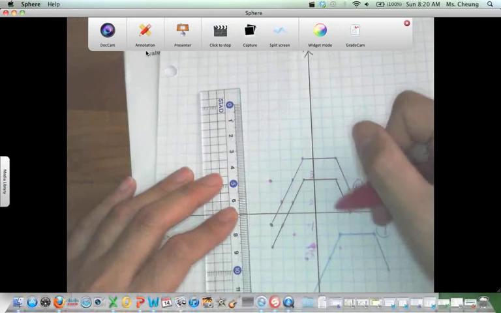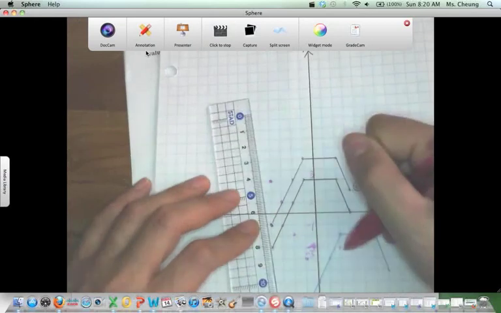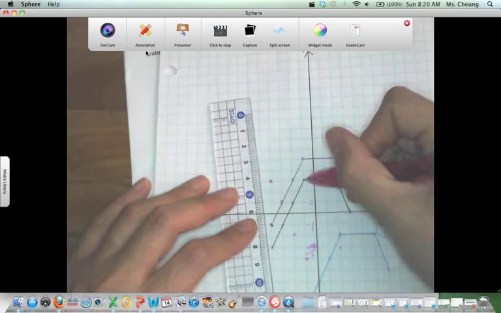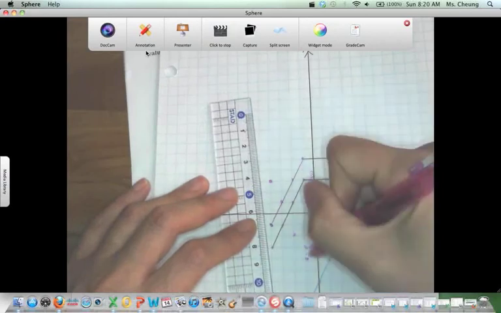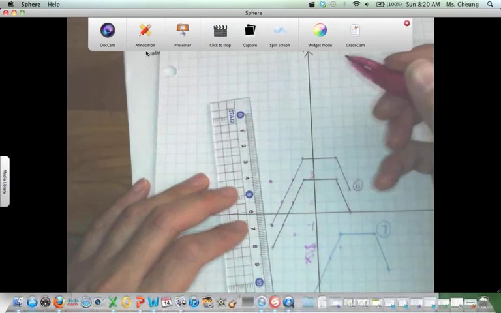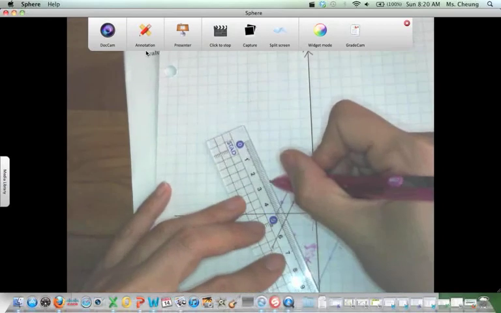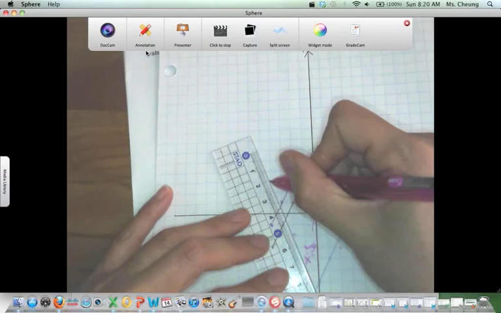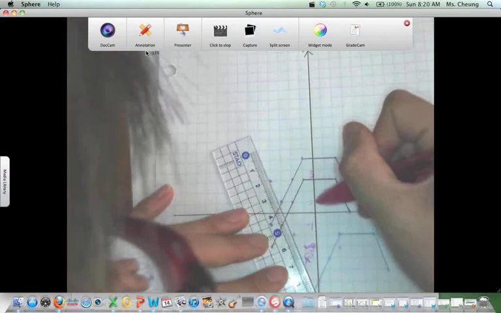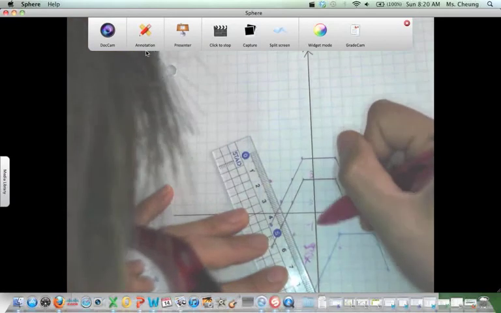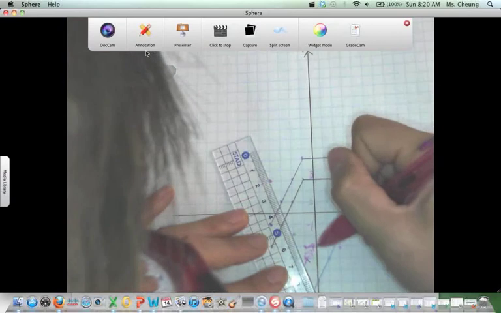You can see that if I connect these points, it's not going to be right, so I probably did something wrong. If this is positive 3, negative 3 should be here, not here. Let's see: 1, 2, 3, negative 1, negative 2, negative 3 is here.